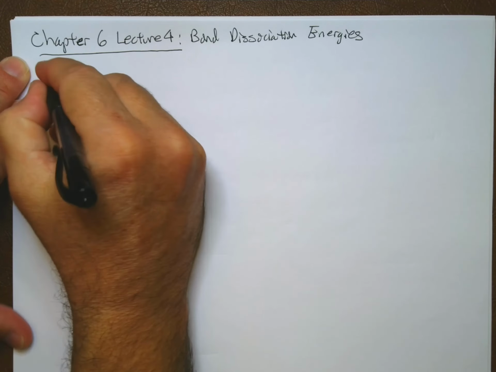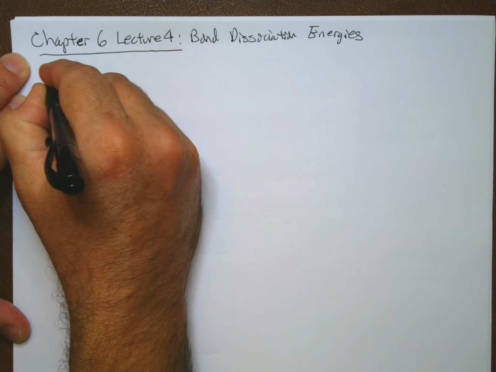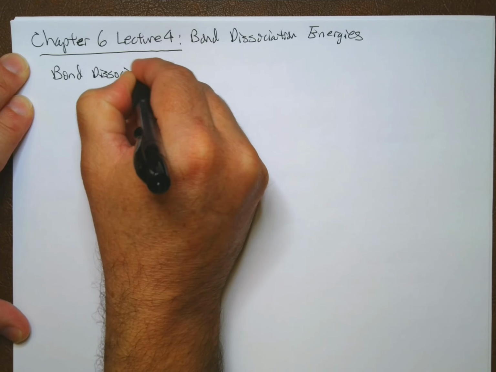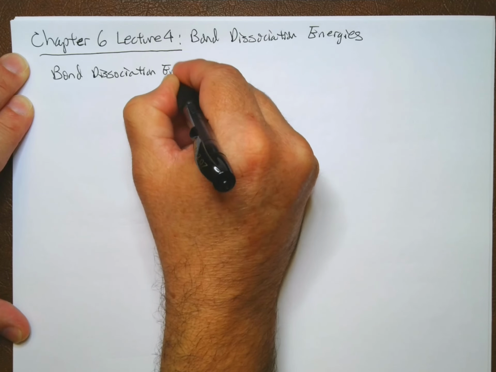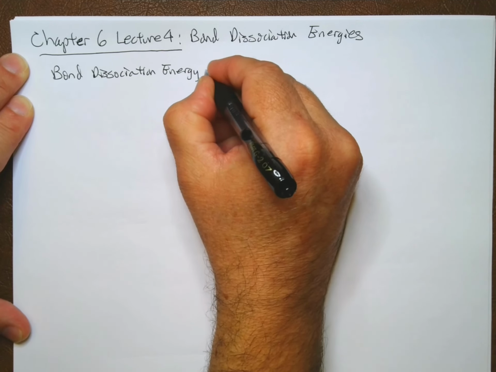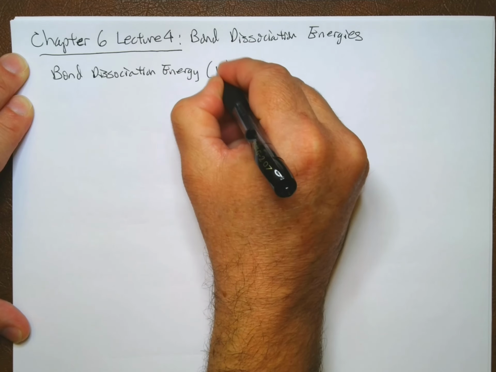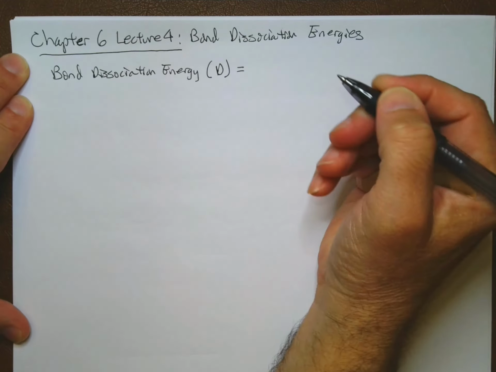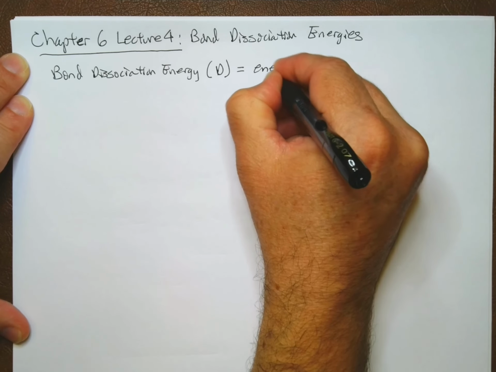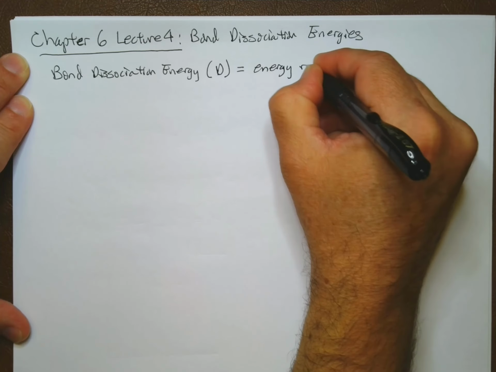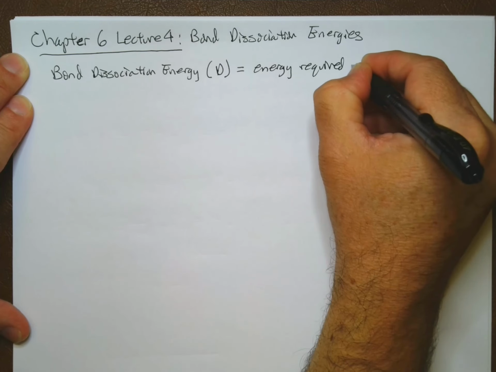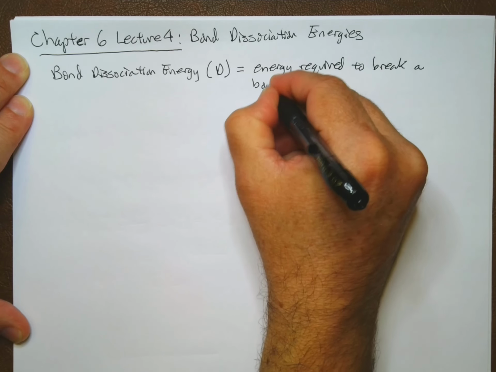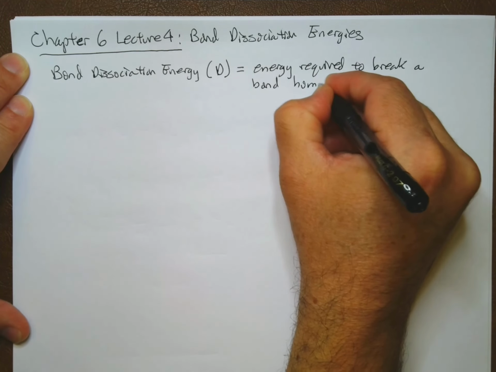Bond dissociation energy, given by the capital letter D, is the energy required to break a bond homolytically.